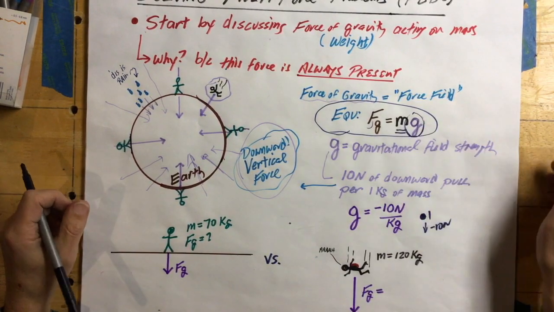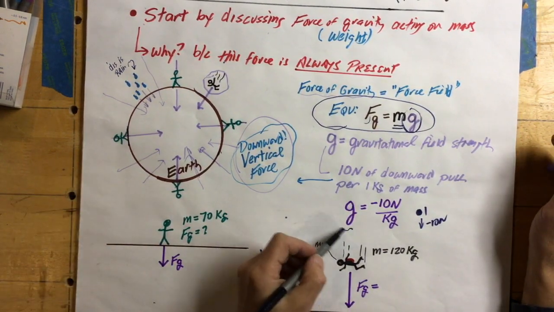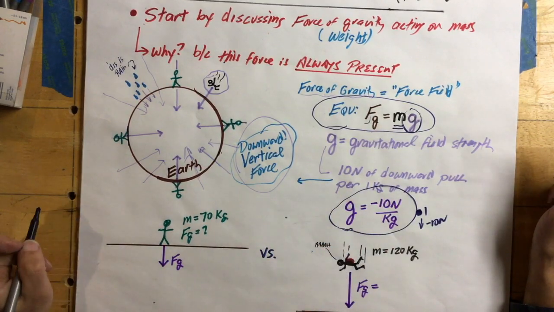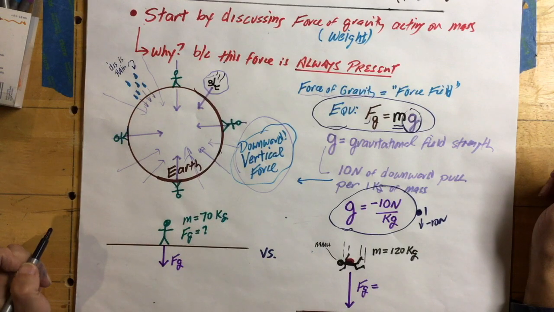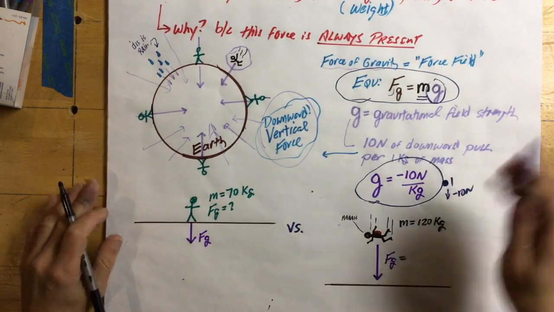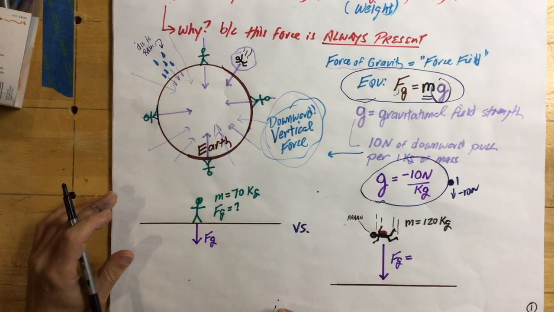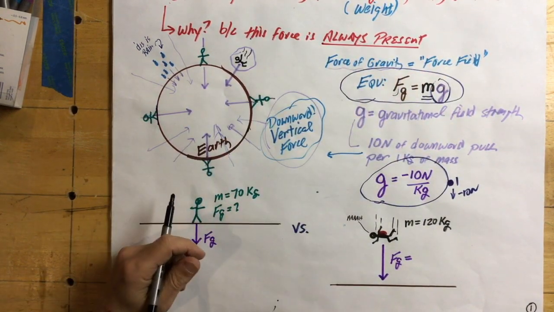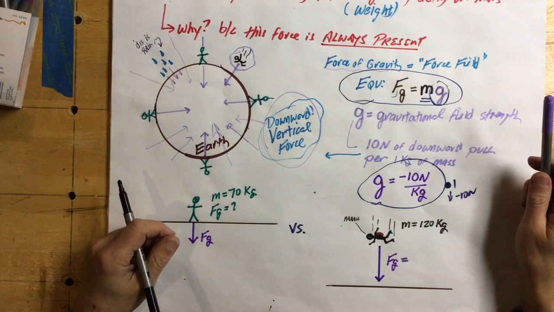I think this is a better way to learn it. So the field strength is here. So every 1 kilogram of mass is going to feel 10 newtons of force pulling it down. And so what I want to look at is you can calculate the weight of any object, mass times negative 10 basically. That's the short way to talk about it.